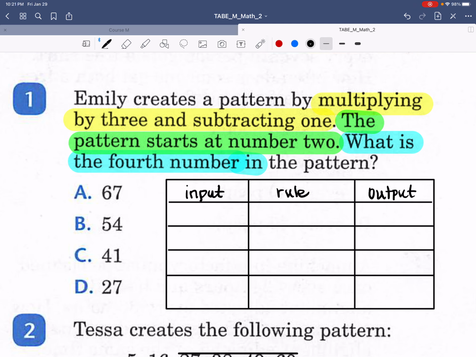The rule is what they told me. Multiply by 3 and subtract 1. The rule has to be the same for the whole table. That's what makes this work. Later, you will call this rule a function.